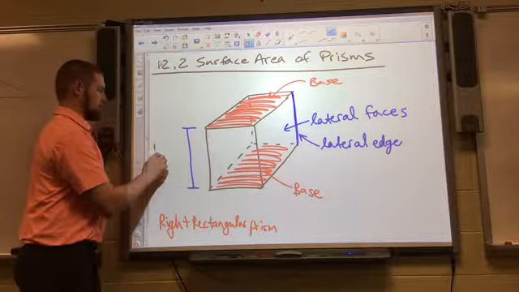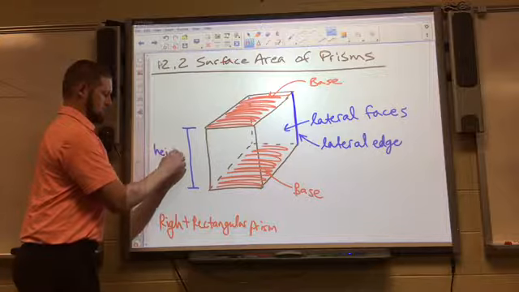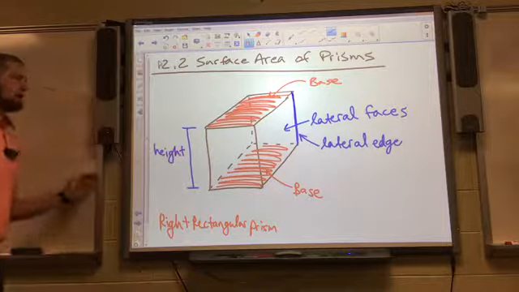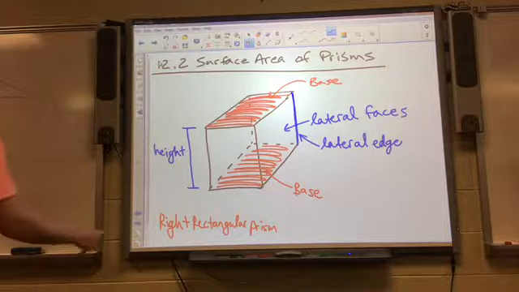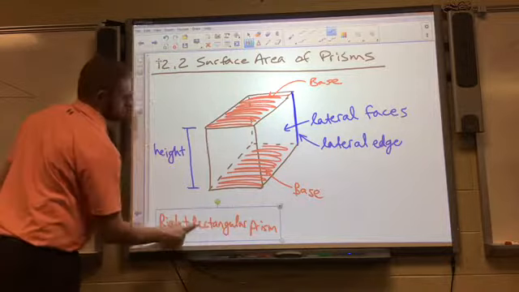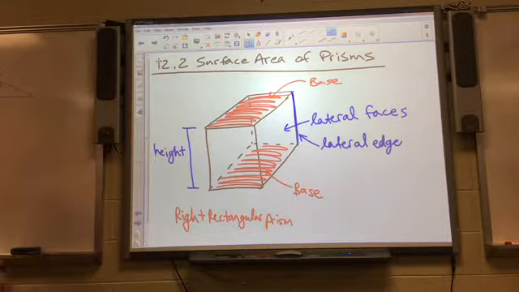That would also be your height. Good. Your lateral edge is going to create your height for you. Most of this is just terminology, mostly for our upcoming theorem later in the lesson, so make sure you understand what we're talking about here.